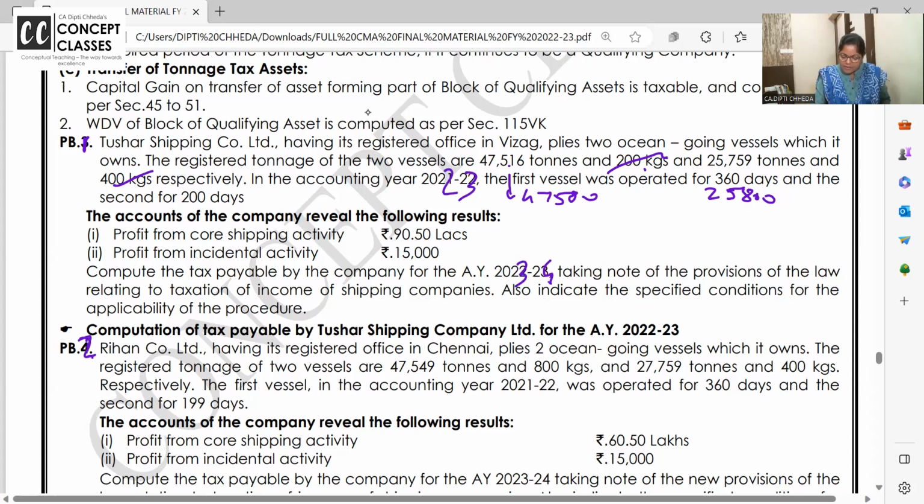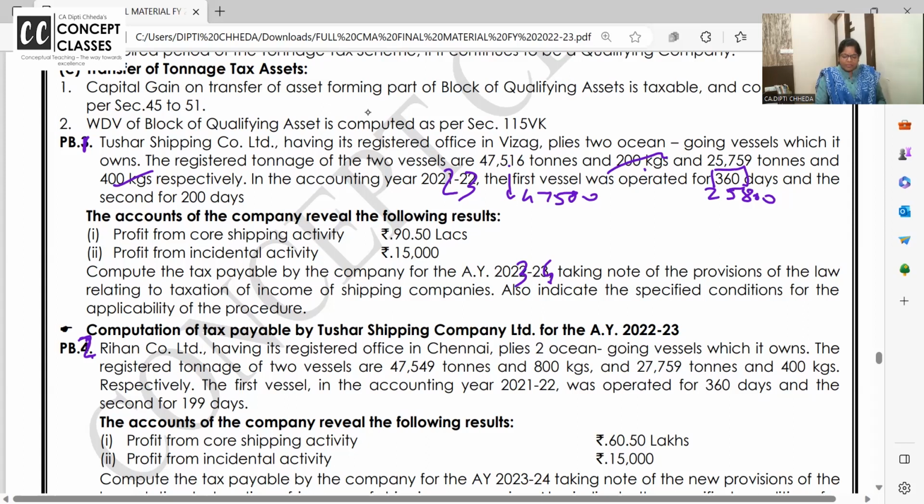It doesn't make a difference, it's all the same. First vessel operated for 360 days. First you calculate the per day income for these tons, for 360 days, and the second vessel is operating 200 days. Now the accounting of the company reveals that profit from core shipping activity is 90.5 lakh.